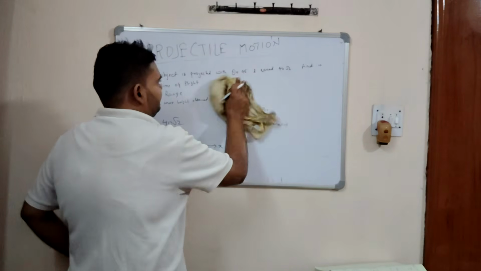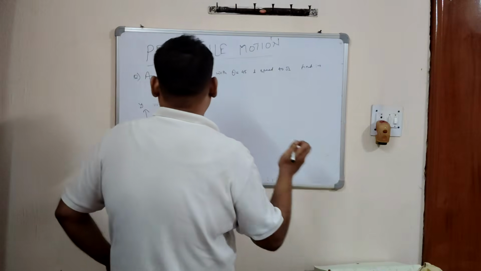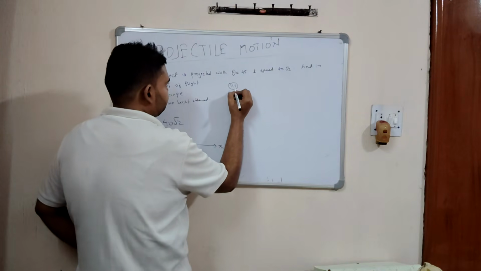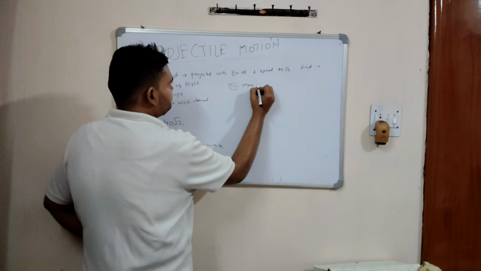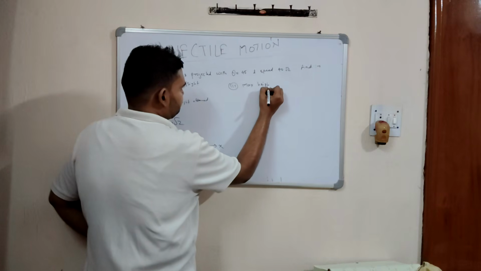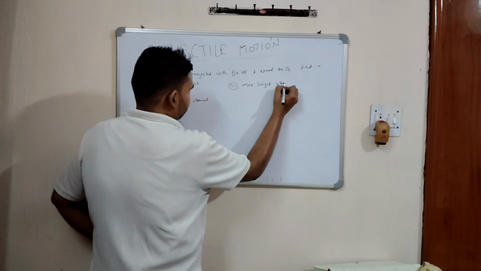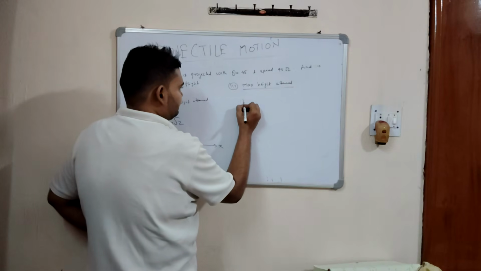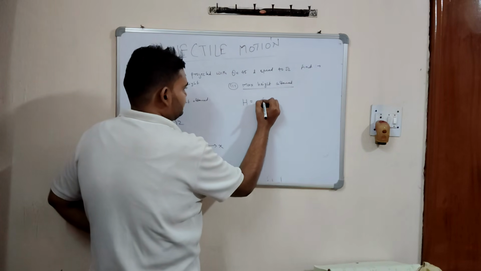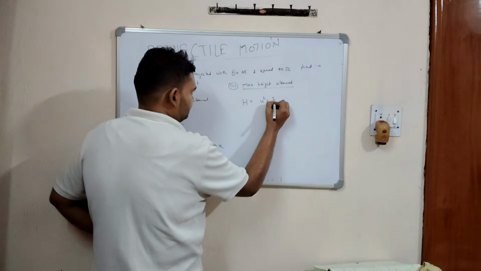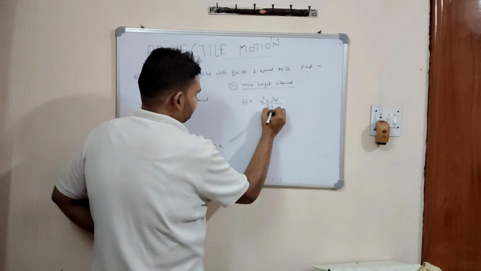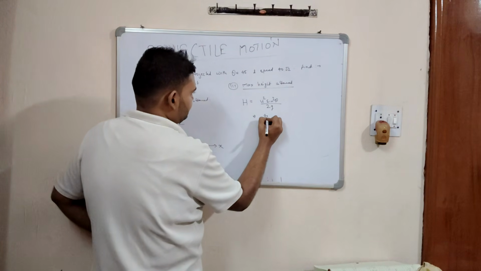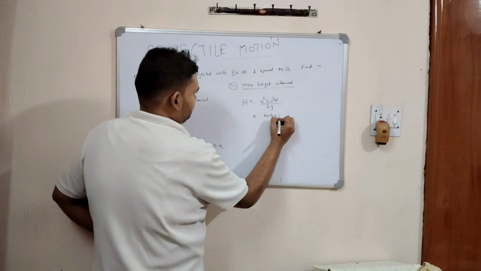Then we are asked to calculate the maximum height attained. We know the formula for maximum height, that is u square sine square theta by 2g. u is 40 root 2, so u square is 40 root 2 into 40 root 2.